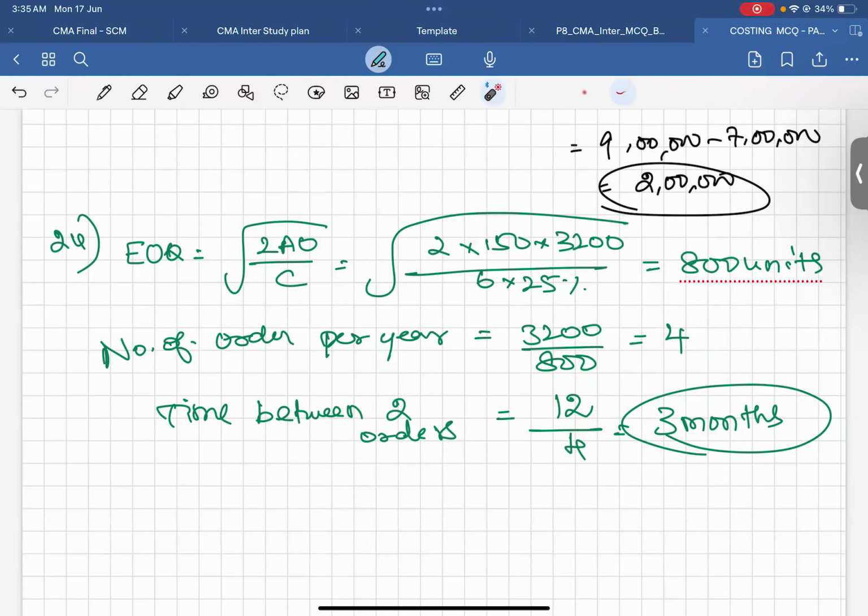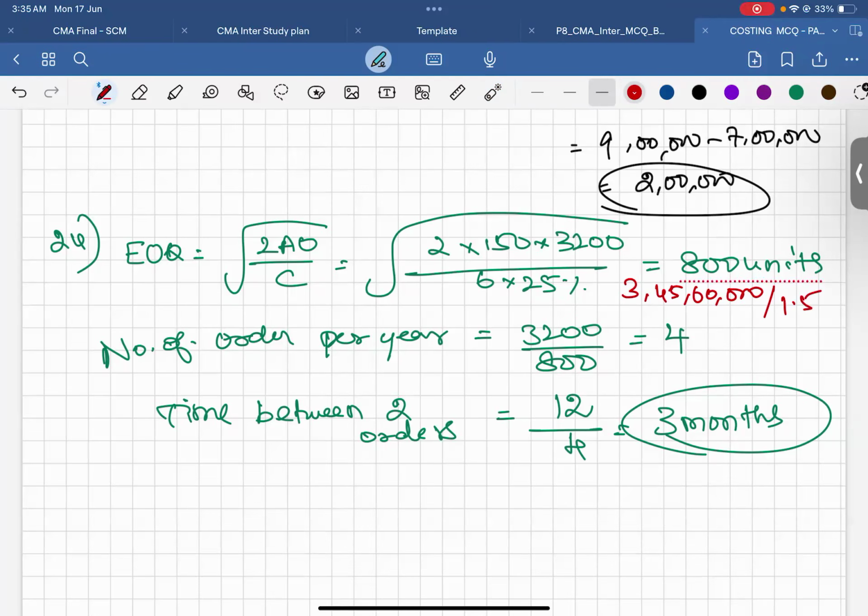We'll just try to calculate. 2 into 150 into 3,200 will give you 3 crore 45 lakh 60,000, divided by 6 into 25 percentage. 6 into 25 percentage will give you 1.5.